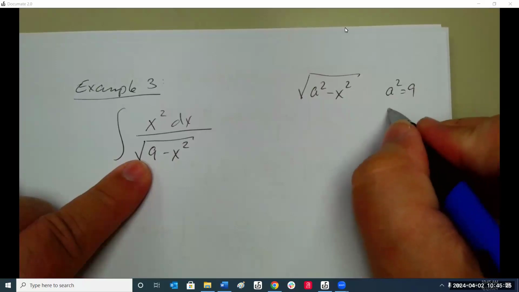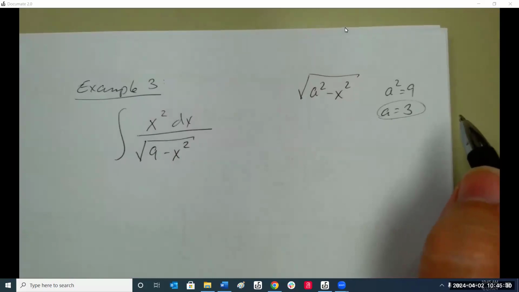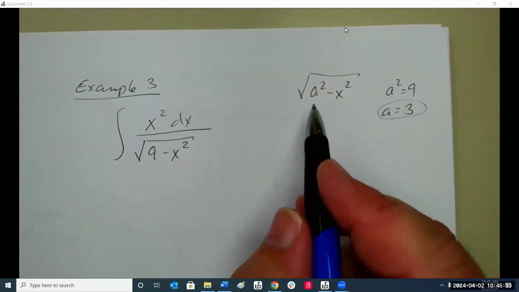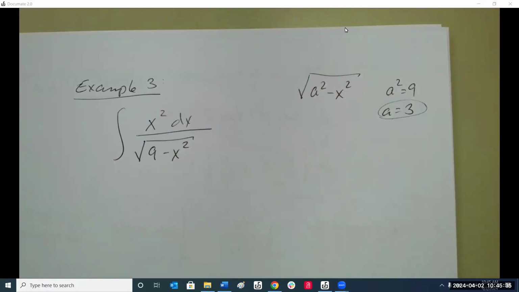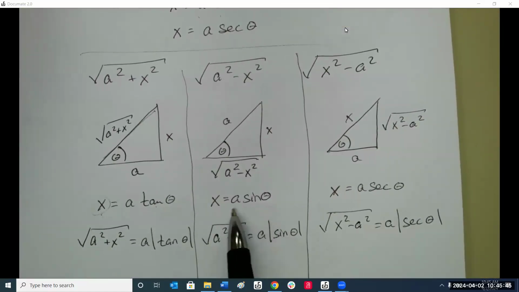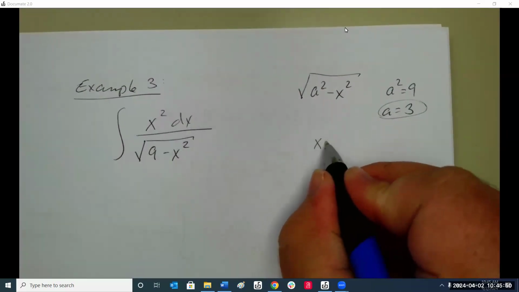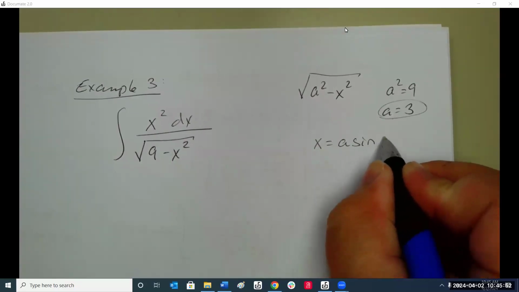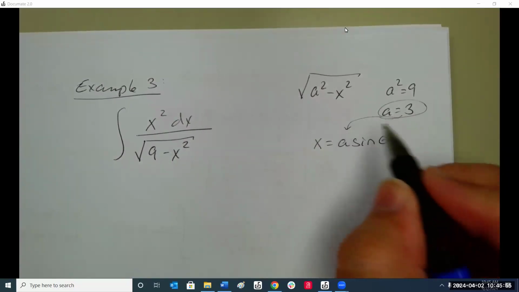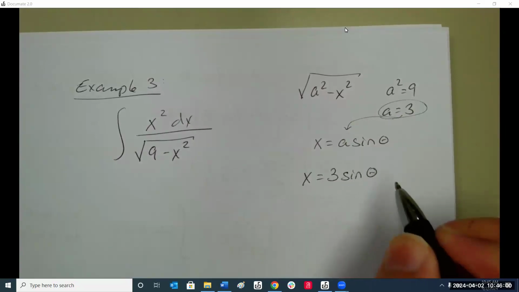So a squared is 9, so a is 3. Now from our first equation, for a squared minus x squared, we'll be using x equals a sine theta. So we know that x is equal to 3 sine theta.